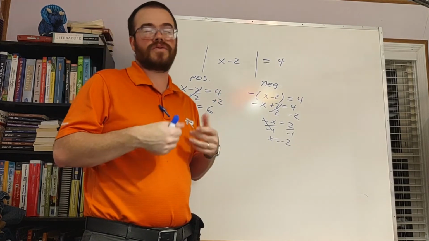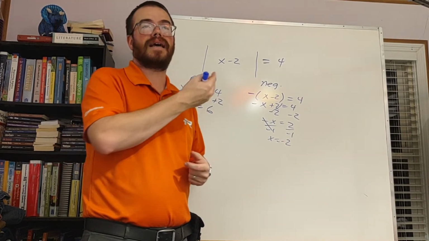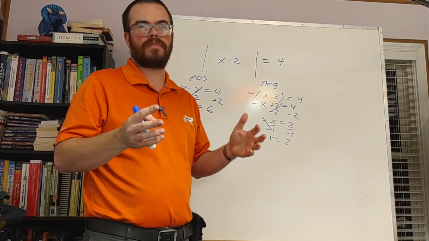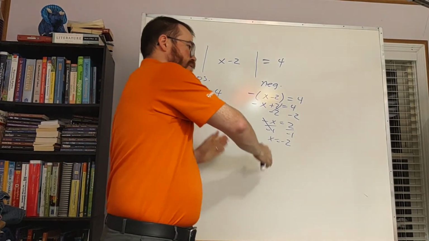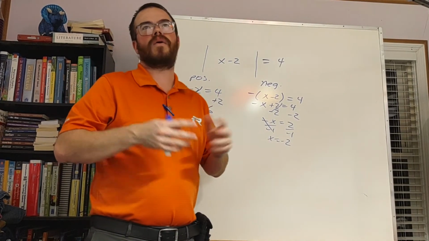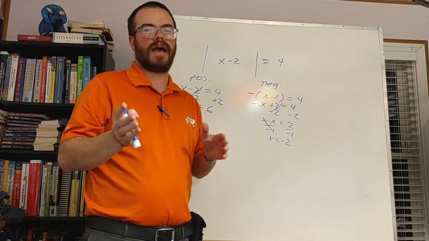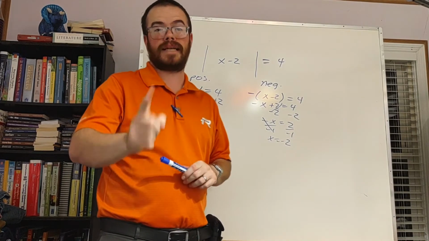That's the case with our normal equations, but it's not the case with absolute value. It is possible that you do everything right in the process, but these proposed solutions don't work. Sometimes that will happen. So you have to treat these as possible solutions until you actually test them.